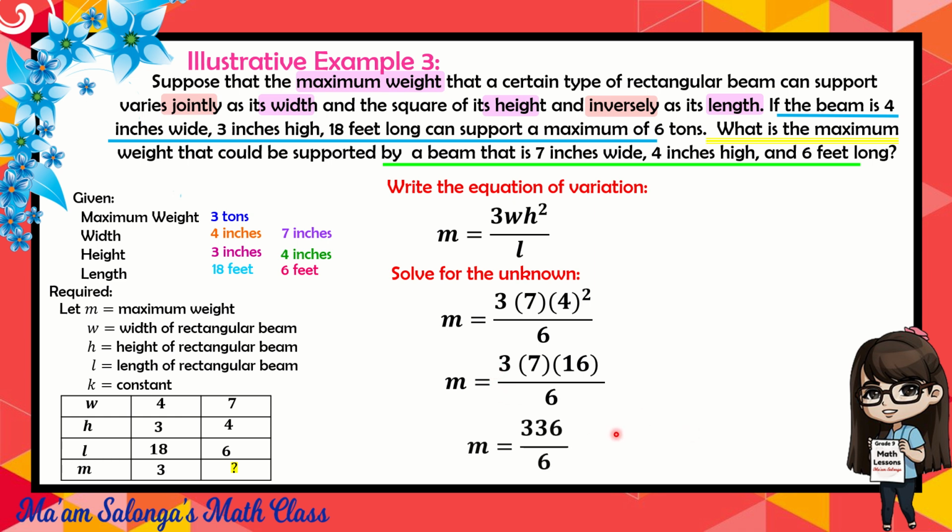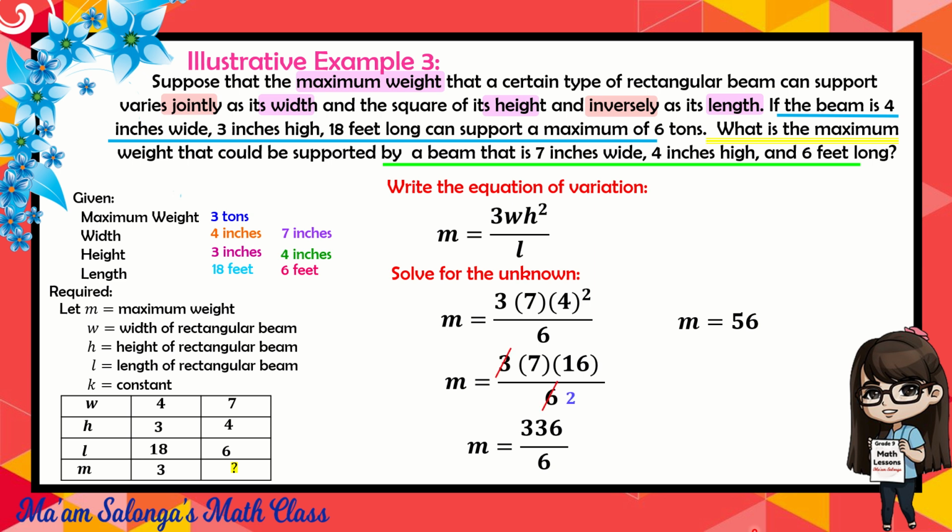So 3 times 7 times 16, that is 336 over 6. And if we divide 336 by 6, the quotient is equal to 56.